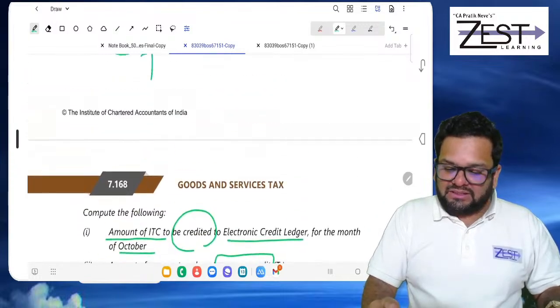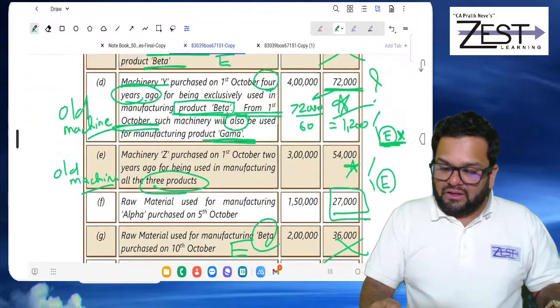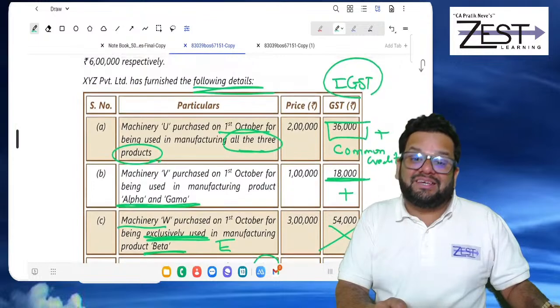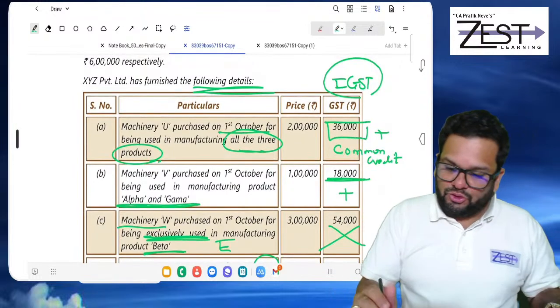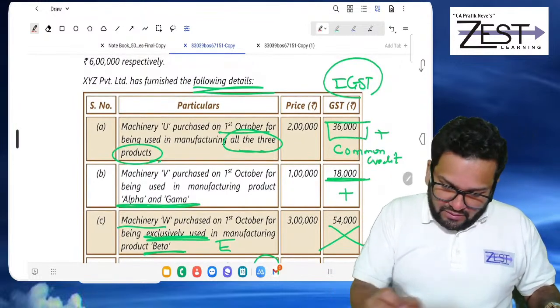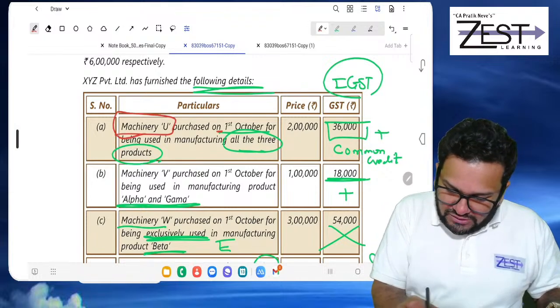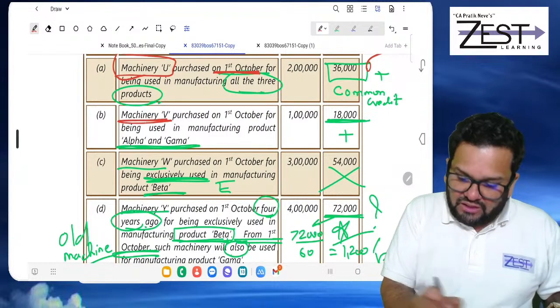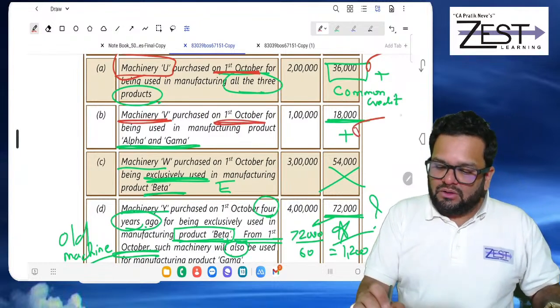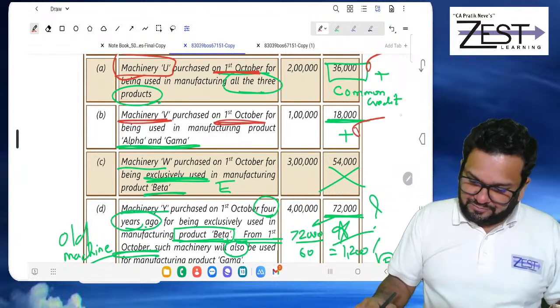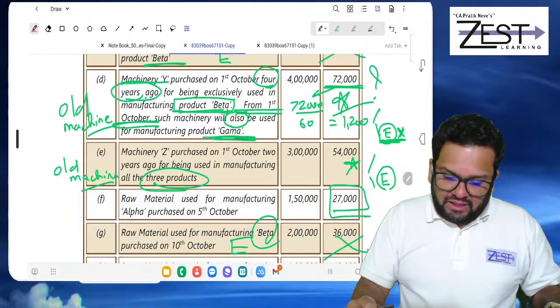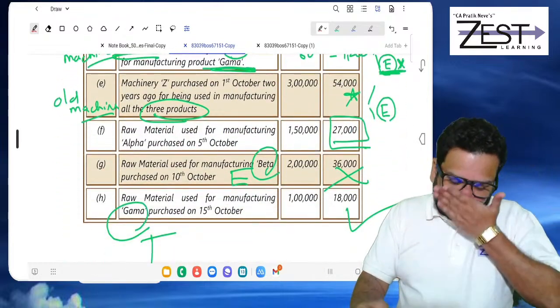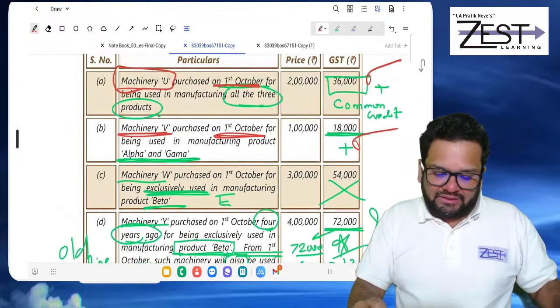So simultaneously I was calculating how much ITC you will take in the e-credit ledger. Did you take the total? Machine U, which was purchased right now, take 36,000 ITC. Machine V, which was purchased right now, take ITC. Okay. Then on older machines you cannot take ITC right now.